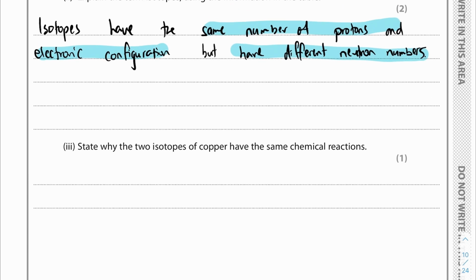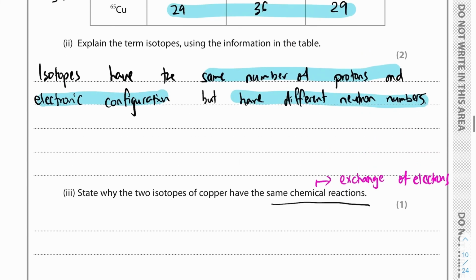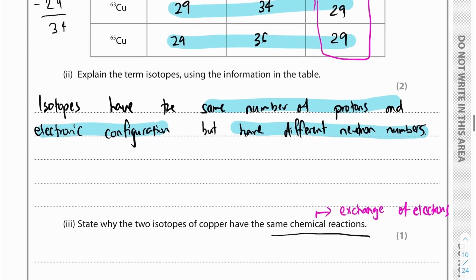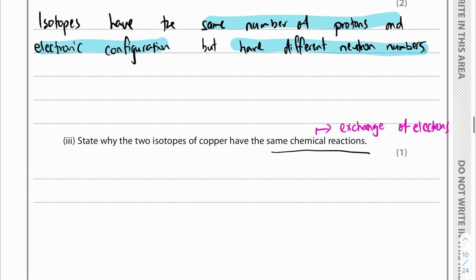Now, what is a chemical reaction? What is it really? It's the exchange of electrons between atoms, right? Now, are the electrons changed here? In the 2 isotopes, is the number of electrons changing? No, they're the same, right? So what can we say about the isotopes?